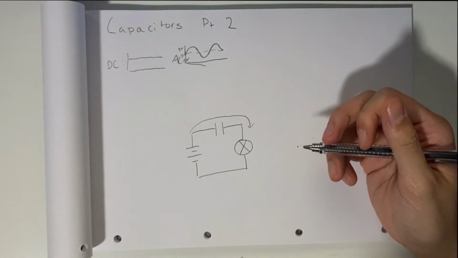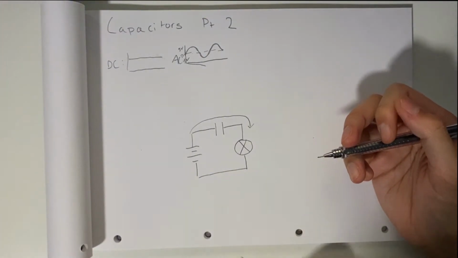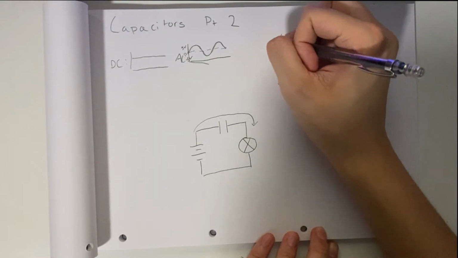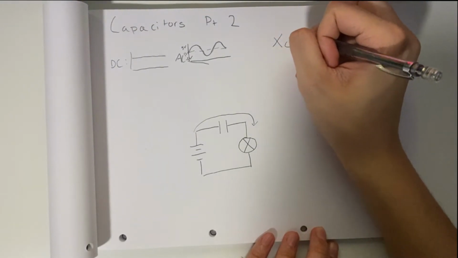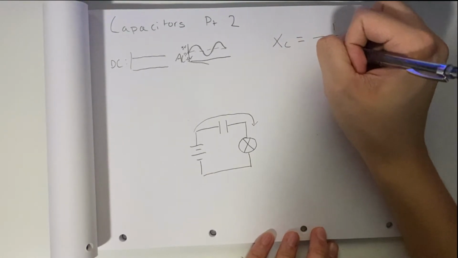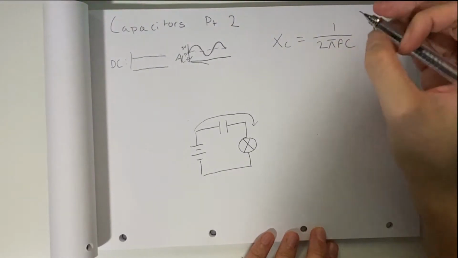So what is this resistance, this opposition? We call this capacitive reactance, and this can be found using this formula. We take Xc as our capacitive reactance. That equals 1 over 2 pi f c.